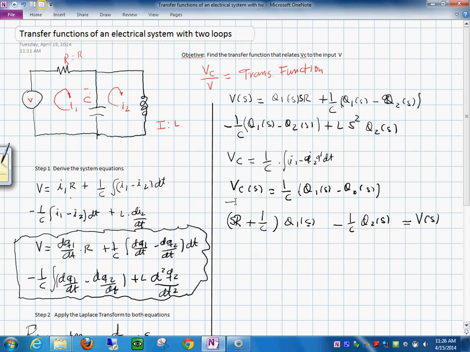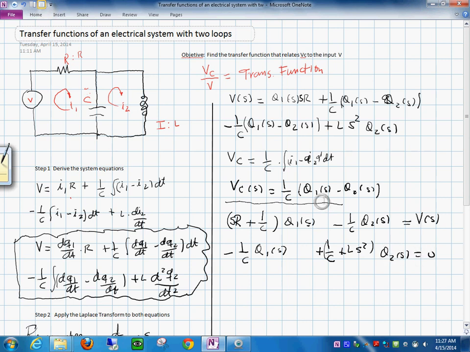The second equation, let me just separate this. The second equation, this one would be minus 1 over C times Q1, and on the second one we will put minus 1 over C, no, plus, because multiply, and then plus LS squared, and then Q2.